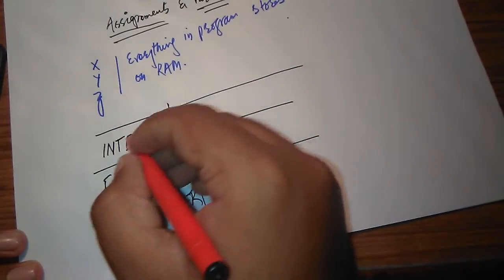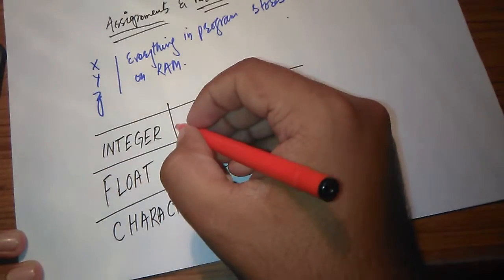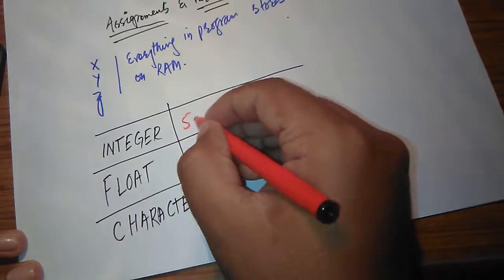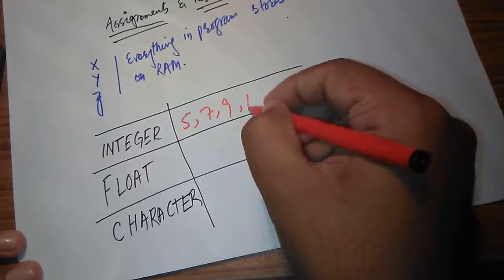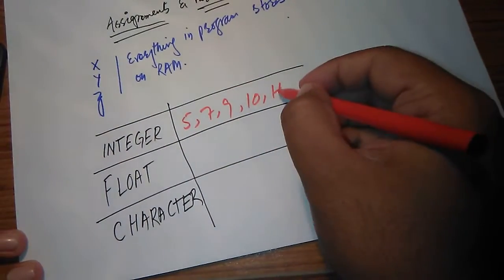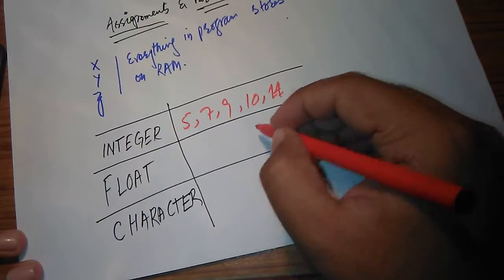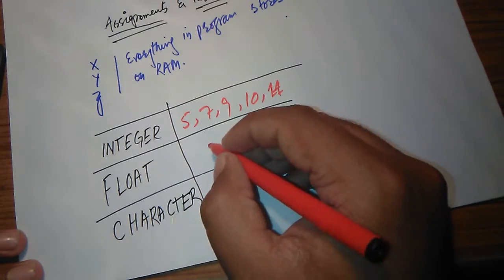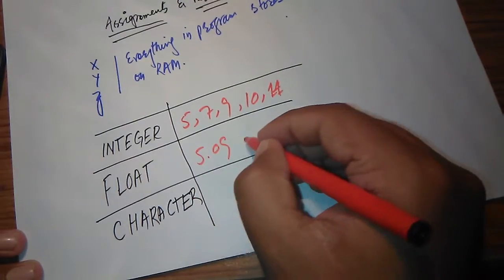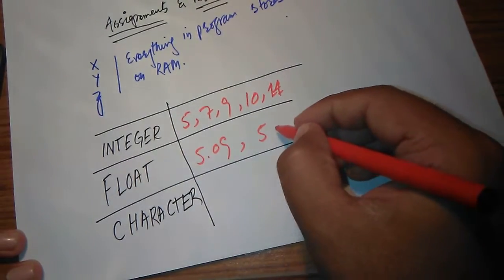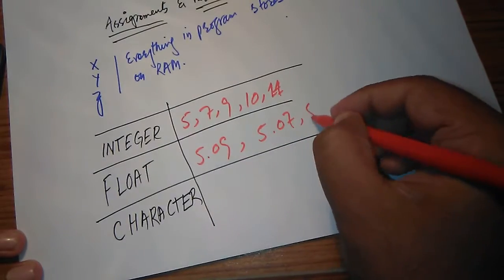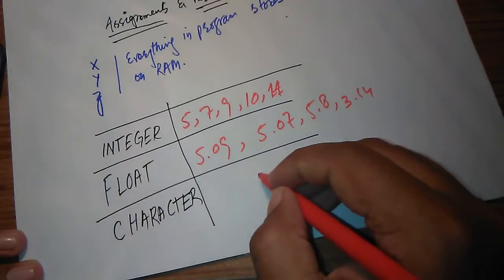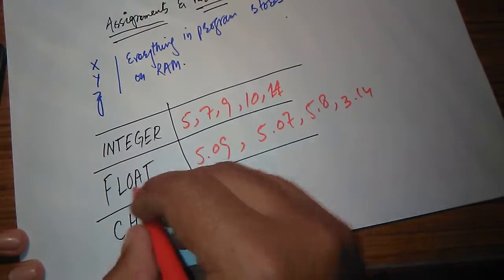Any number without a floating point, without a dot, for example 5, 7, 9, 10, 11, will be included in this category. And anything with the point, for example 5.09, 5.07, 5.8, 3.14, these are all included in the floating type.